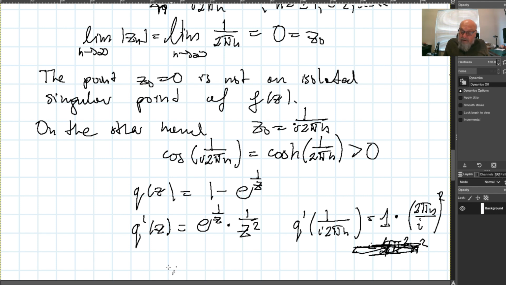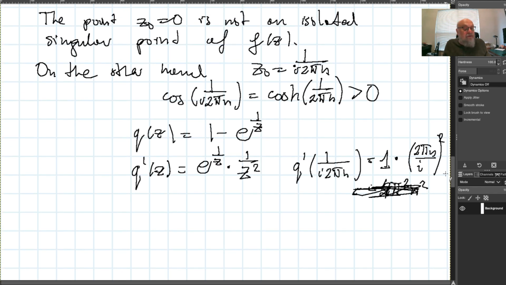Okay, this one is messy. Let's try to erase this messy part. It is minus, because i squared is minus 4 pi squared n squared, which is different from 0, that's enough.